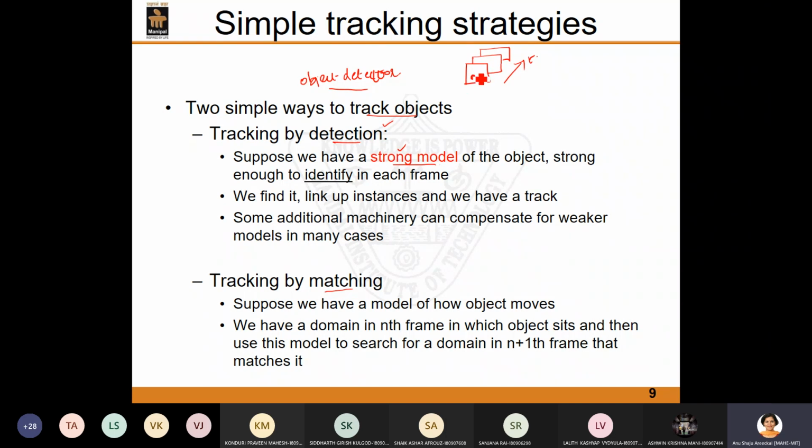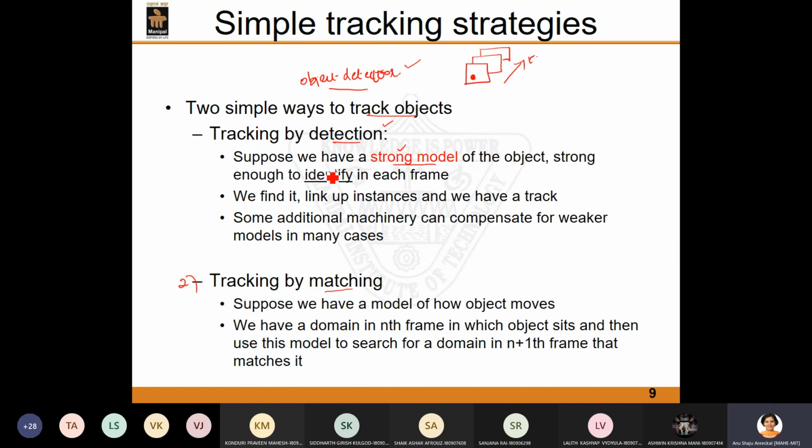Once this is determined for all the images, you can simply interpolate or stack them together to find out what exactly is the path it is taking. That kind of approach, where you make use of the object detector, is what you call tracking by detection.